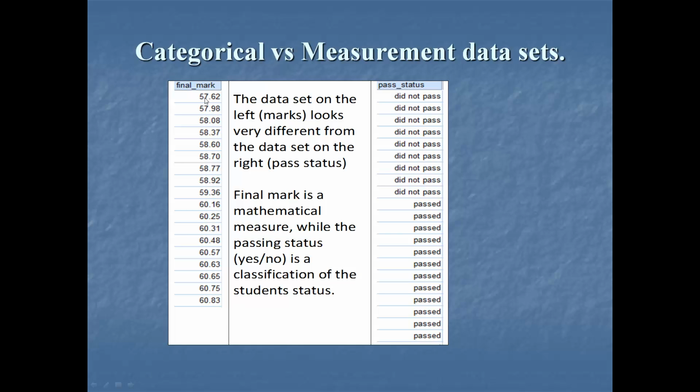On the left, we have a column of the mark. So that's a measure. And that's pass status, yes versus no. And you can see how this is the data set, how it's coded. And this is how the yes no is coded on the computer.